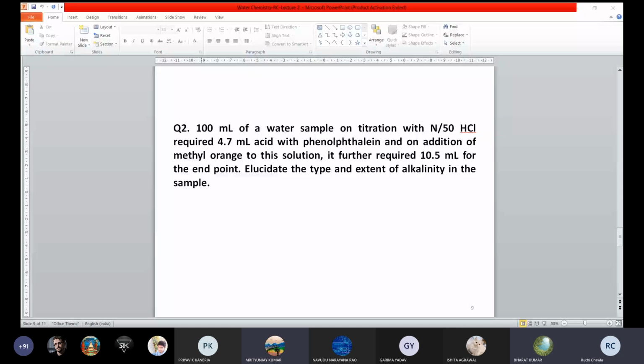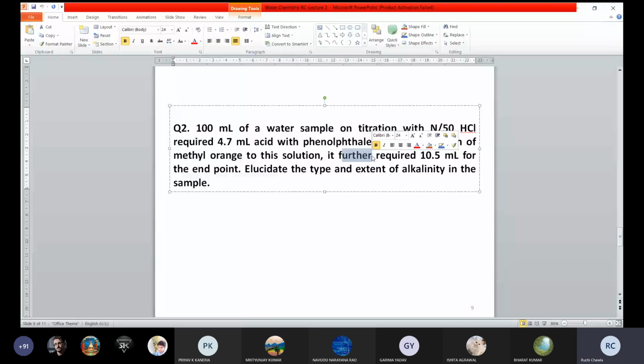And V2 is 10.5 ml. V2 is 10.5 because the word further has been mentioned over here. That means the extra volume. So you have to be particular about the language of the question. Sometimes this extra word is not there and they give you the total volume directly. Since here the term further has been given, it is V2, 10.5.